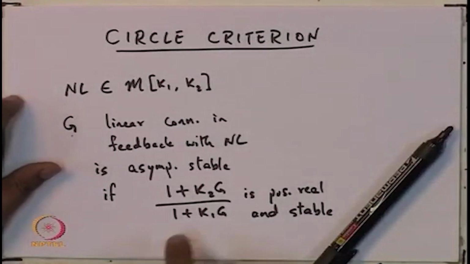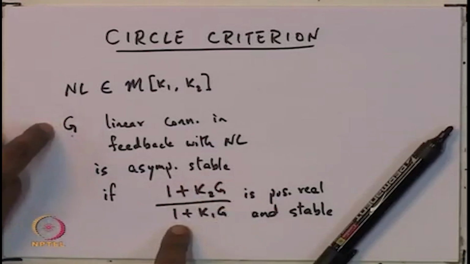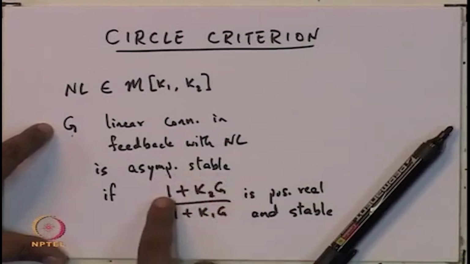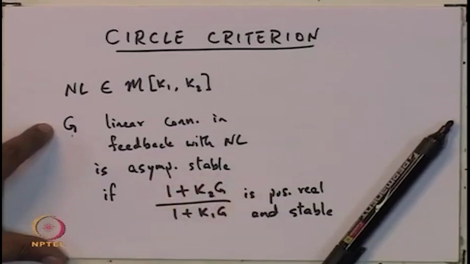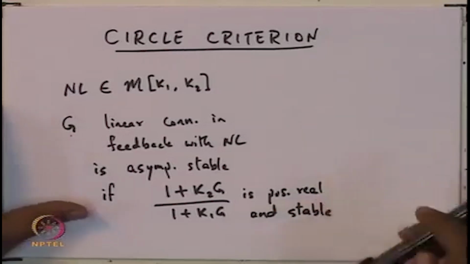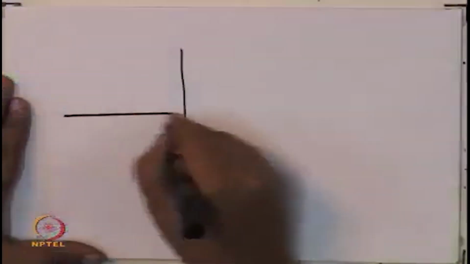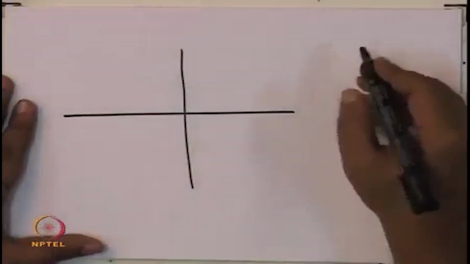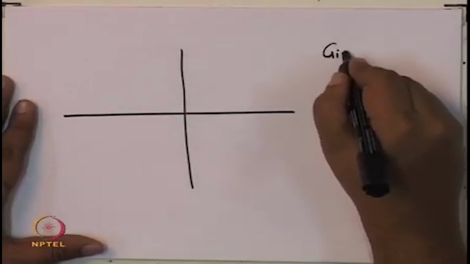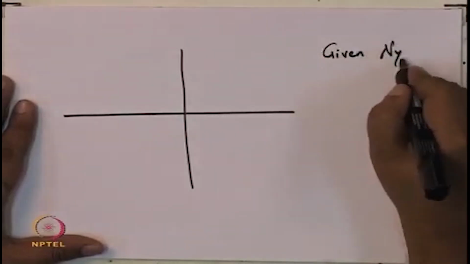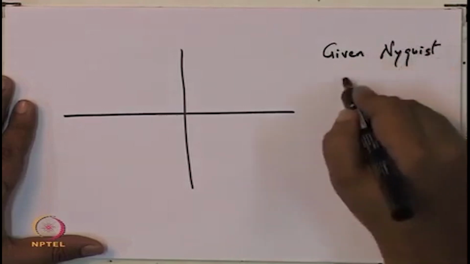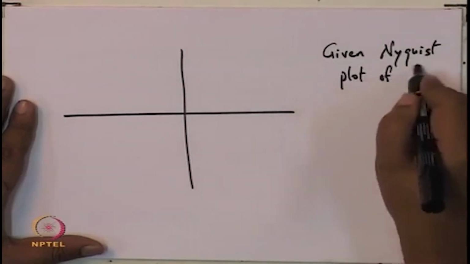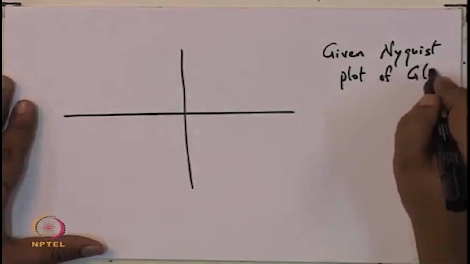Okay. So, we will look at this transfer function and use the Nyquist plot of G to try to say whether this transfer function is positive real and stable. So, for that let us look at the complex plane. We are given the Nyquist plot of G of s.